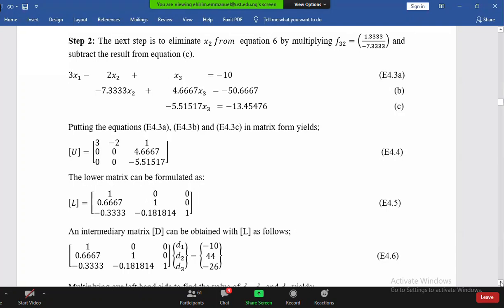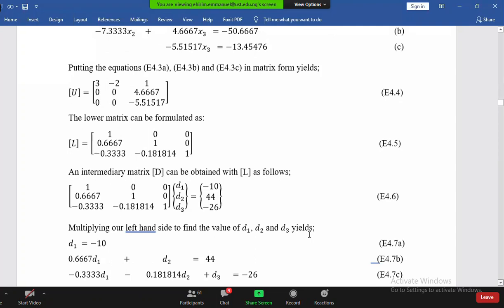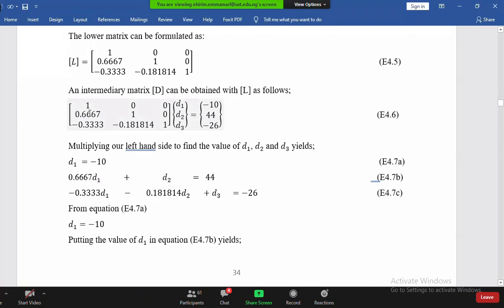Okay, so you put F21 here, F31 here, and F32. That forms the lower matrix. And if you multiply it using the original B given, that's what we're trying to do.